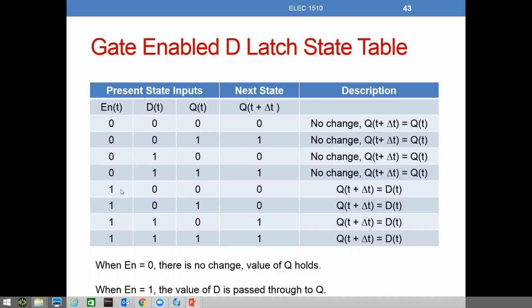But now, when enable is a 1, right, we said our behavior is Q in the next state should be D in the present state. So in both of these cases, D is a 0, so Q next will be a 0. Did not matter what was on Q in the present. Similarly, when D is a 1, then our output Q next will be the value of D, ignoring then the present state. That's the behavior we said we wanted to specify. That's how we decide where our 0s and 1s go.